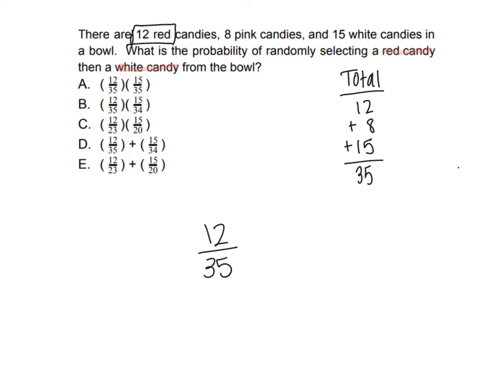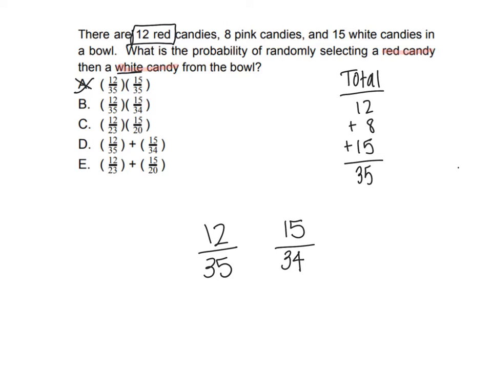Then you have to think, I've taken one candy out of the bowl, so my new total is 34. And the second time they say, what's the probability of taking a white candy? So there are 15 white. Right away, you should be able to eliminate most of your answer choices, like A, because this total here should be 34 and it's not.